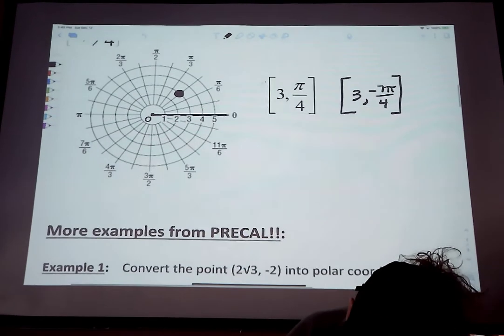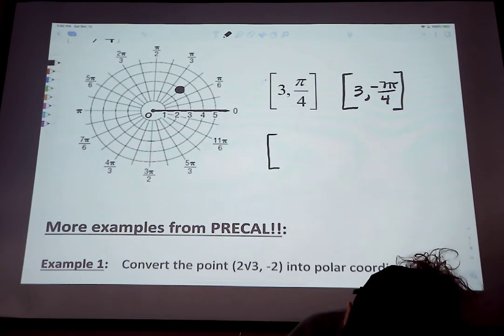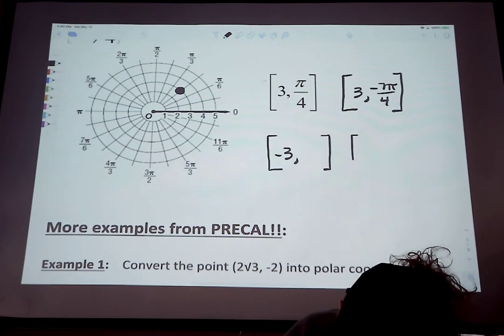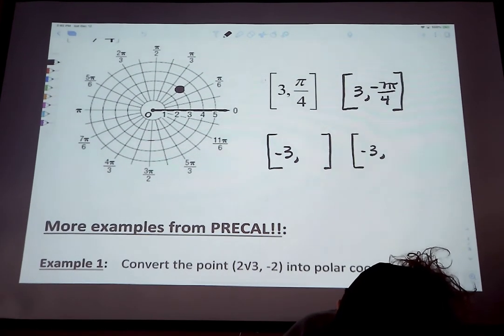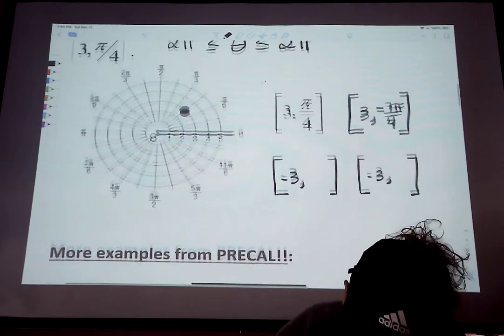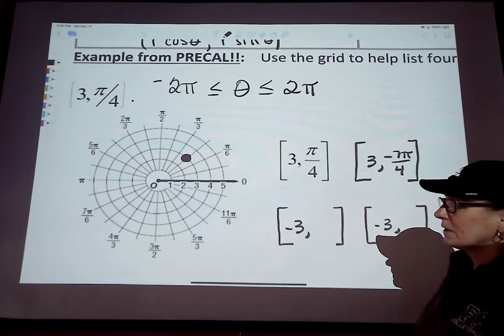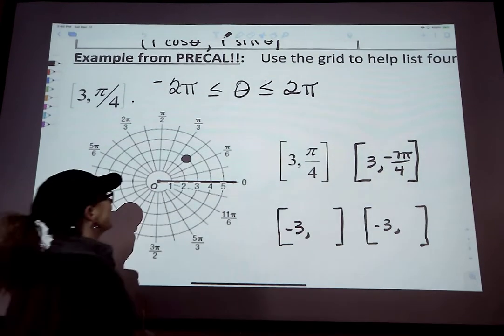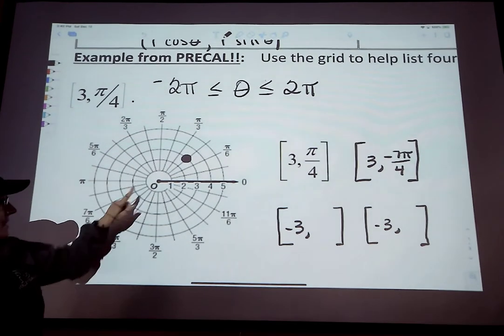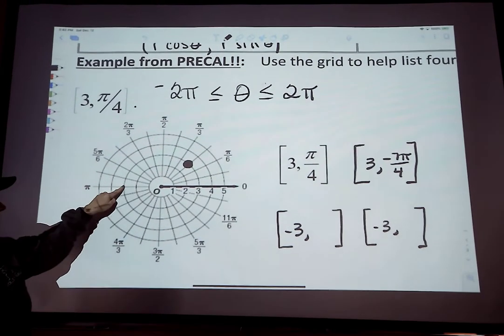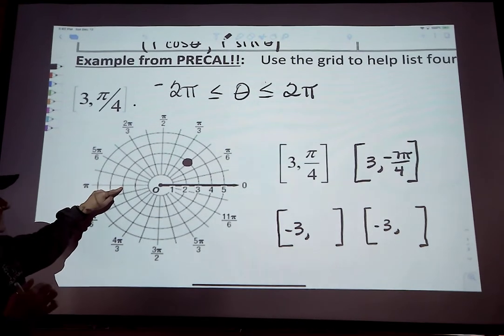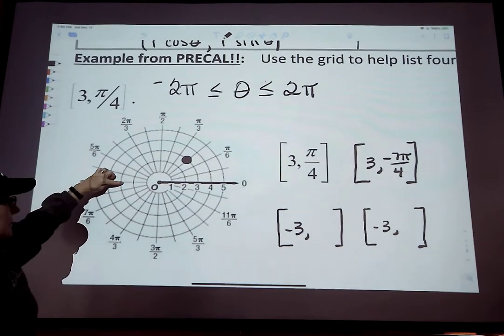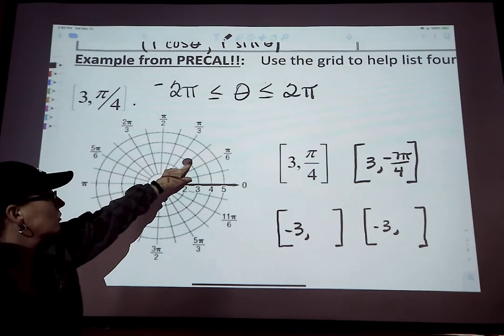Now, let's do a couple of negative r's. I don't know which way you prefer, but I'm going to look out here in the negative direction, and remember angles this way are positive. I'm going to see what this positive angle would be to get all the way to here.